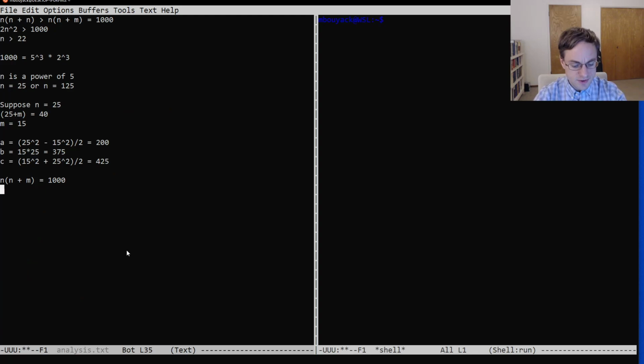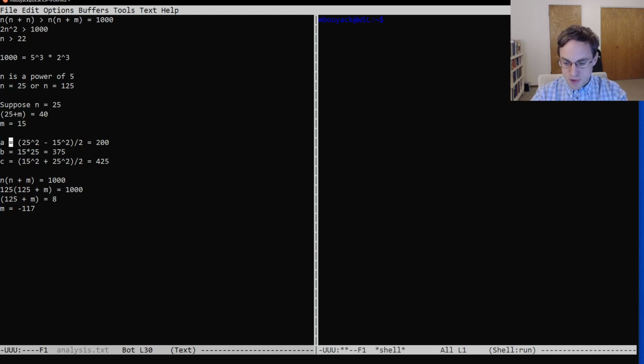But if we replace n with 125, you can see that that gives us 125 plus m is equal to 8. And so m would be a negative number. And so that's obviously not allowed. And so that does not correspond to a solution.